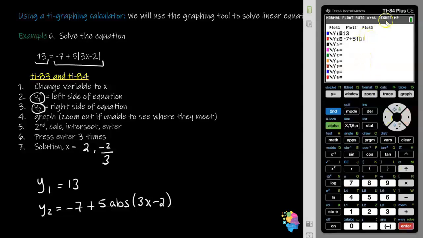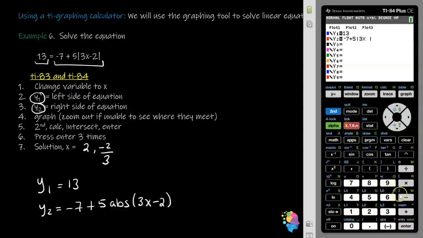Now my calculator is a TI-84, so it's going to create the 2 bars for the absolute value. If you have an 83, it's going to keep it as ABS. So just write what is inside the absolute value. So this is 3x minus 2. Here's the 3. The x is up here, this button.